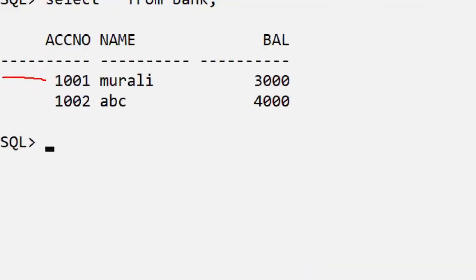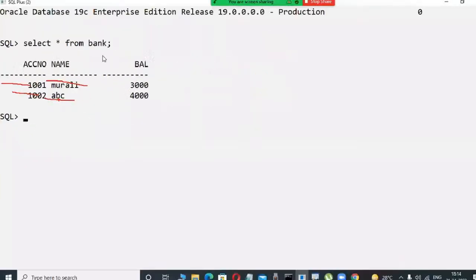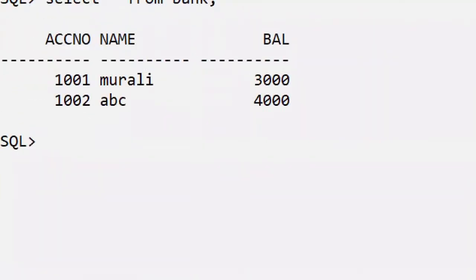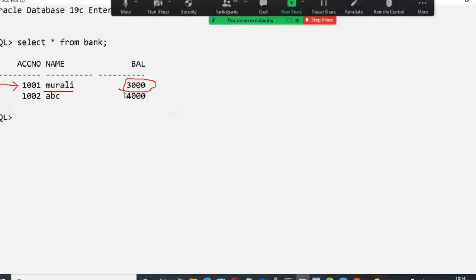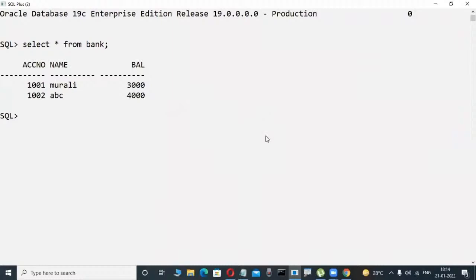Here, 1001 and so on are called rows or data. Observe it for 1 minute: 1001 is an account number. My name is Murali, I'm an account holder. My balance is 3000 presently, for example. Now check out the scenario, slowly observe it here.